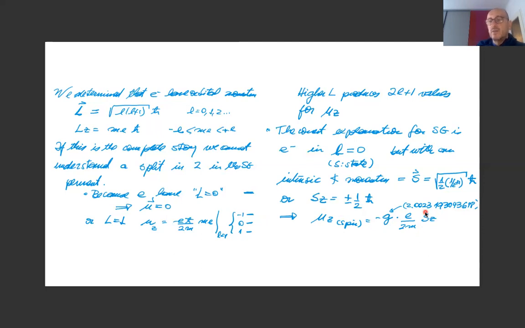And this value of g here is equal to this huge number, which is essentially 2 for most everything. The number that I have written here is the prediction for this value when you do the proper theory to calculate the gyromagnetic ratio of an electron, and it gives this value here. This value is one of the most precise numbers, and the theory that gives rise to it is called quantum electrodynamics.